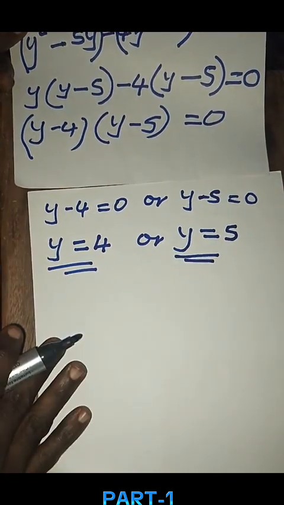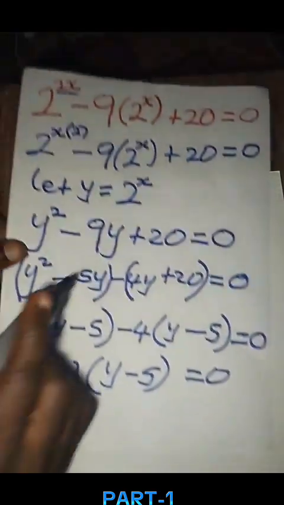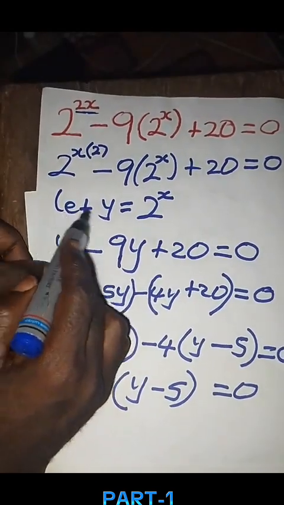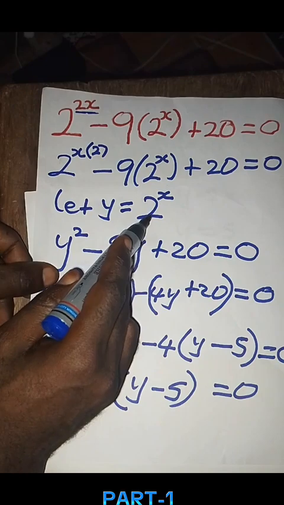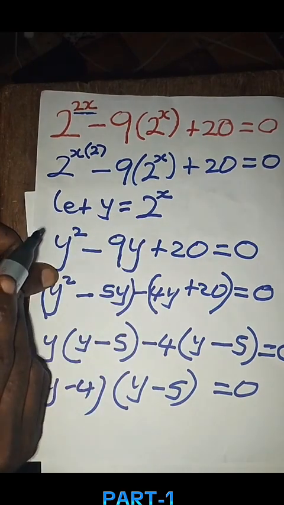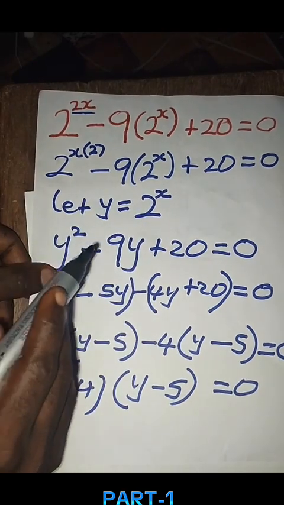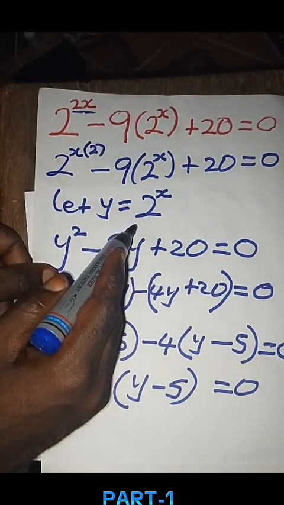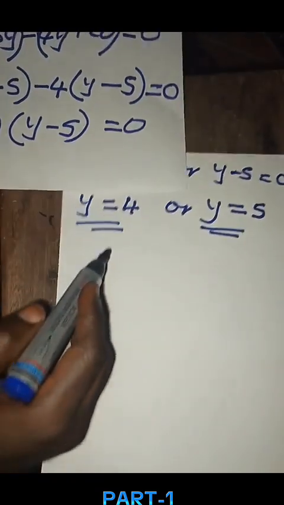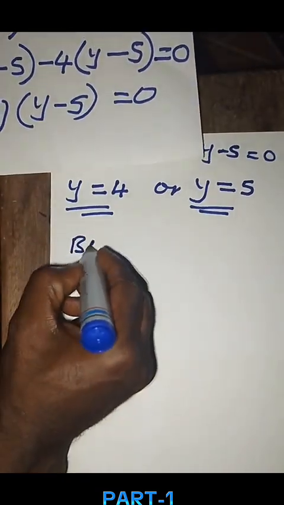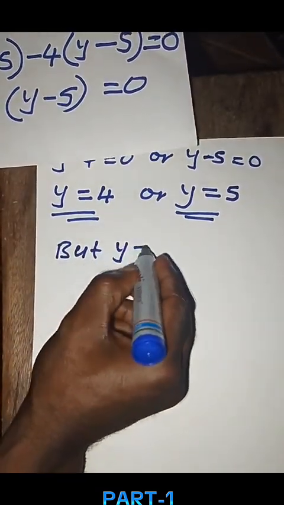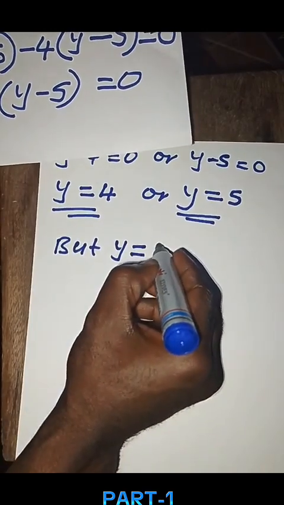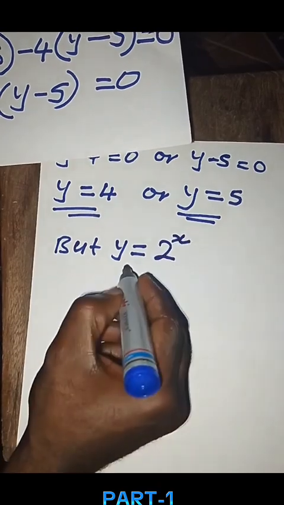But at first, we have to understand that y is equal to what? 2 to the power x. Is that okay? So you haven't got the value for x yet. You are not going to stop at that value, because y is equal to 2 to the power x.